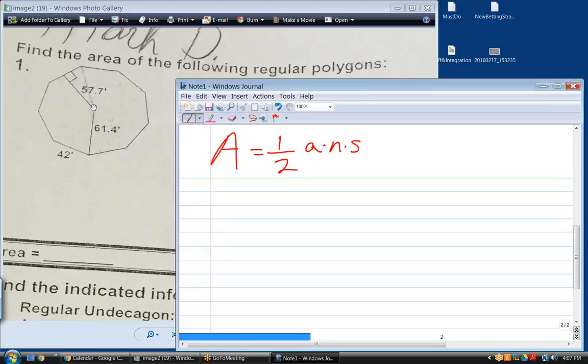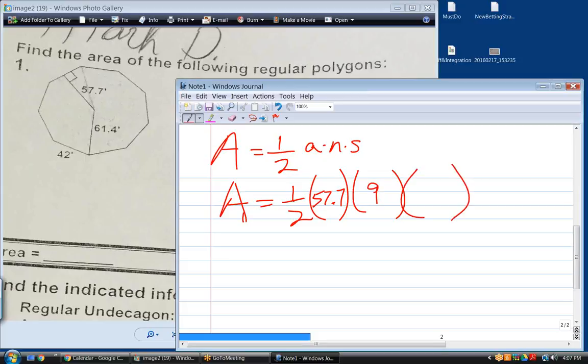So for this particular polygon, fill in all the unknowns here. Well, the apothem is 57.7. Number of sides? 9. And then the side length, is that 61.4? No? Oh, 42. Yeah, it's the outside measurement.